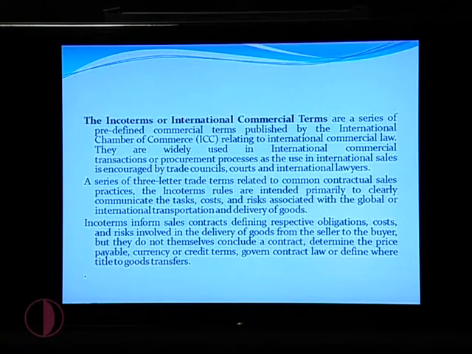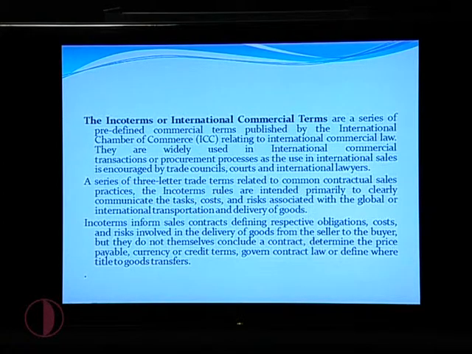A series of three-letter trade terms related to common contractual sales practices, the Incoterms rules are intended primarily to clearly communicate the tasks, costs and risks associated with the global or international transportation and delivery of goods.